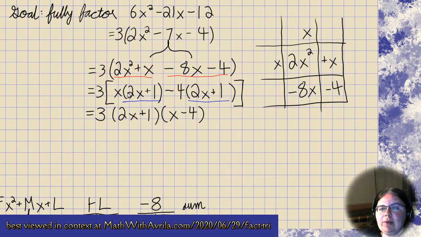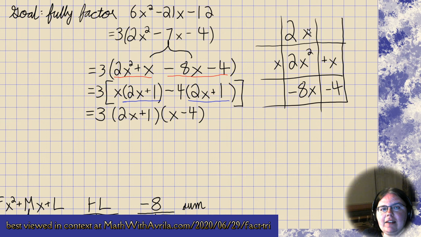Okay, so what's really going on here? Well, we found 2x plus 1 and x minus 4. So let's see. We know that one of the things that went into getting that 2x squared, well, there had to be a 2 and a 1 to get a 2. That's because 2 is prime. So I notice that it can't be over here because then this would have to be a 2. So it must have been there.